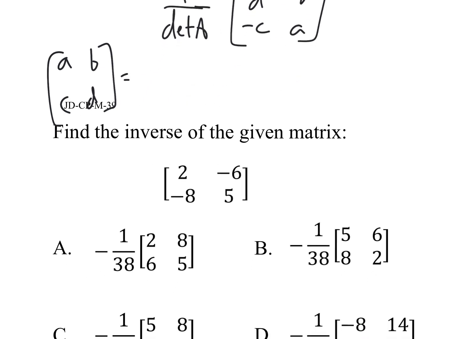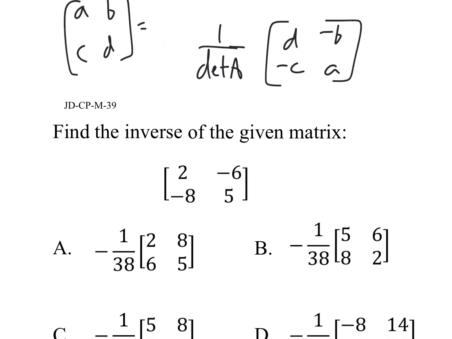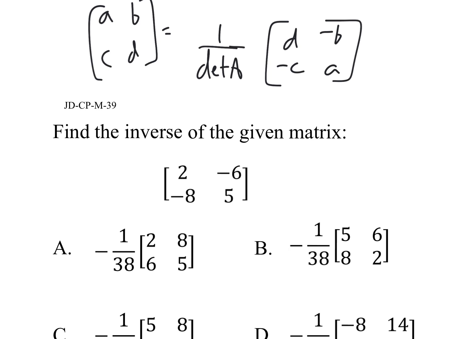So for this problem, first of all, we can find the determinant. So we do 2 times 5, just the diagonal there, which is 10, and then minus -8 times -6, which would be minus 48, which would be -38.